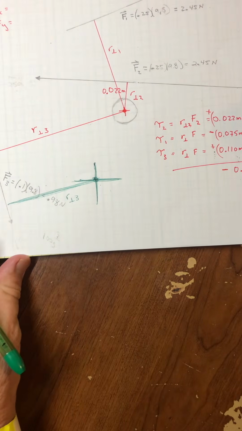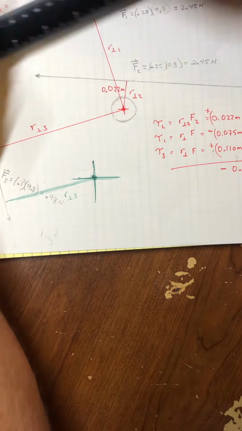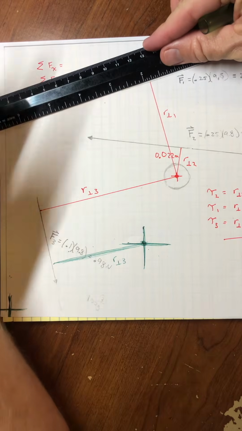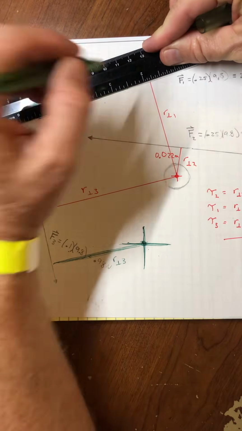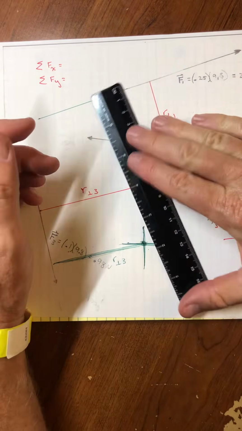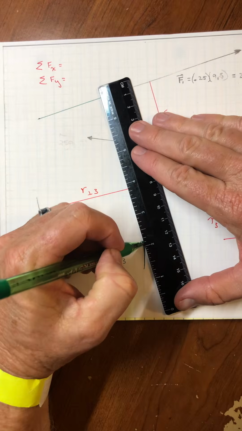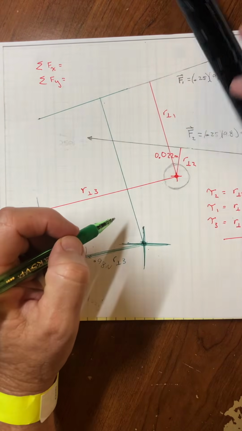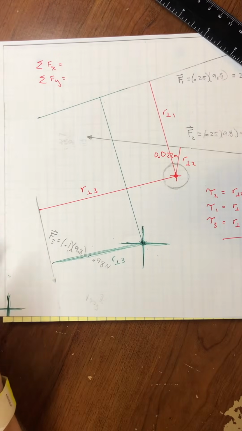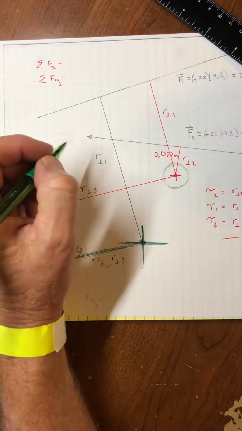So torque number 1, you might have to extend this line of action out here so that you can draw something perpendicular. And don't just eyeball it. Do a little better, like I did with the red one. But this now would be our perpendicular number 1.